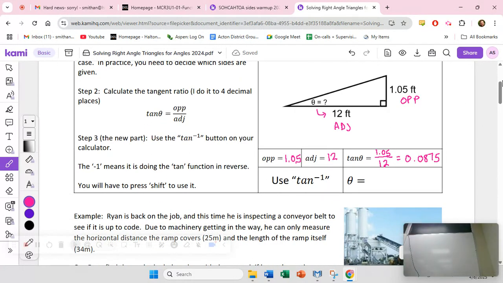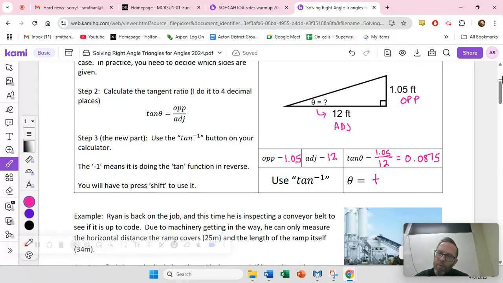When we are finding angles, and everybody did this last year, so this is a nice little review, we use what we call our inverse tangent button. On your calculators, that will show up as tan with the superscript of -1. It will be your tan button, but you have to press shift or second or something like that.